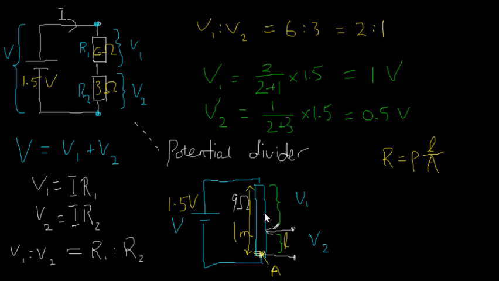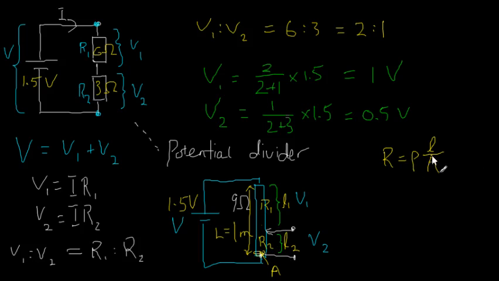Okay, so let me just write this out. Let's say this length here is L2, and that length there is L1, and this total length here is L. And the resistances are R1 and R2, as we've said here.